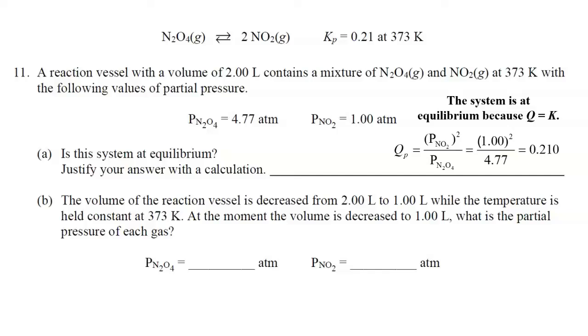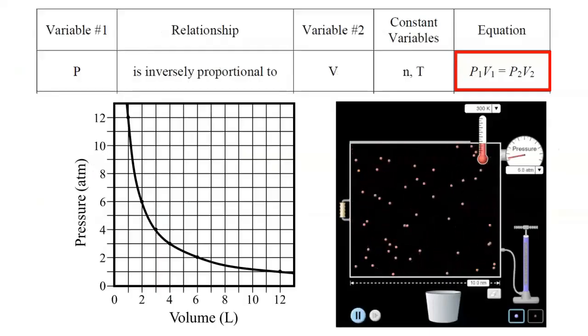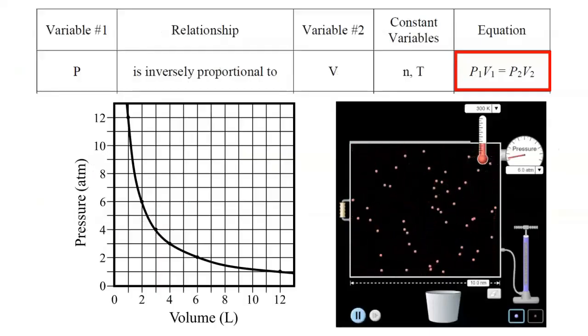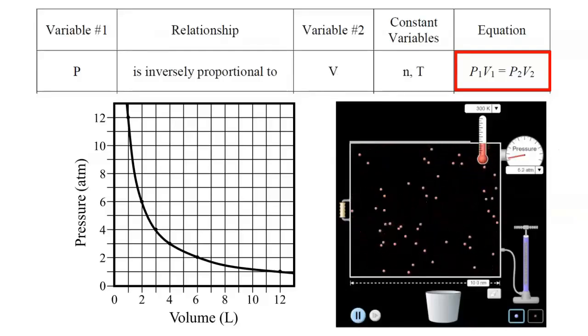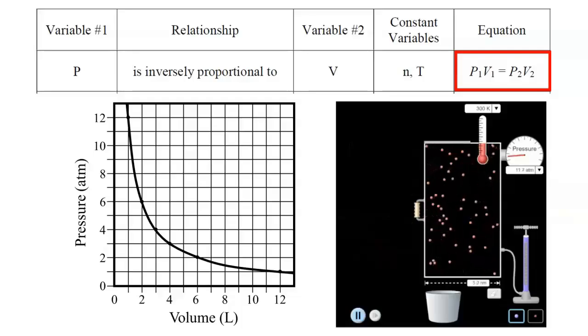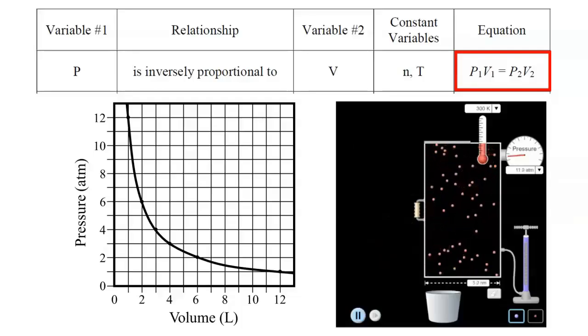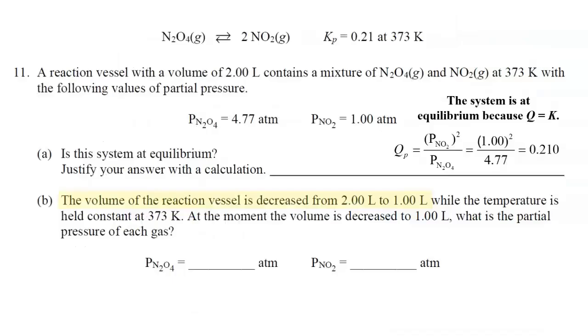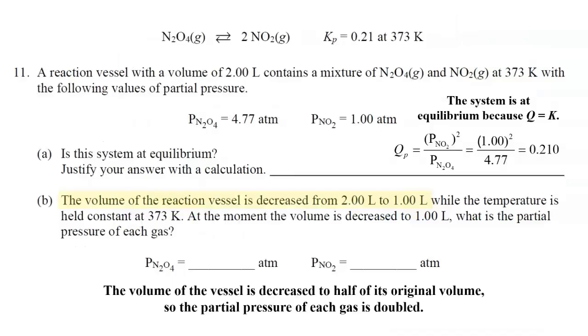So just to remind you about the variables for pressure and volume, we learned about gas properties back in Unit 3. So if you decrease the volume of a reaction vessel by half, then the partial pressures are going to be increased by a factor of 2. So the volume of the vessel is decreased to half its original volume. So the partial pressure of each gas is doubled.